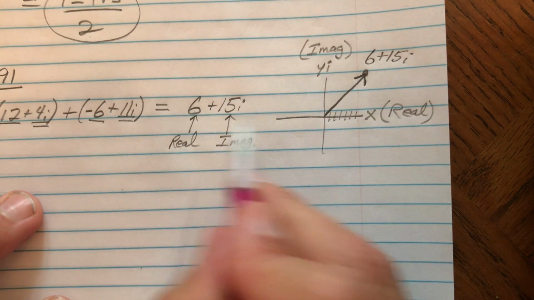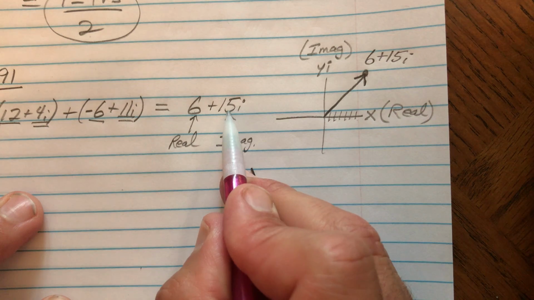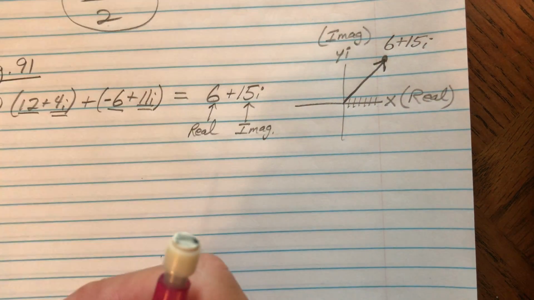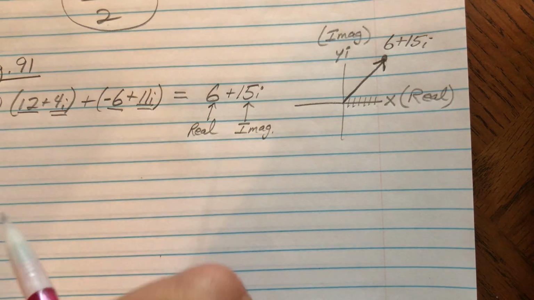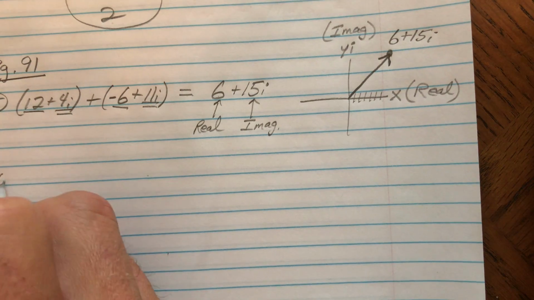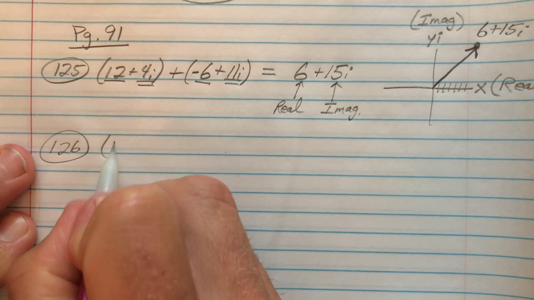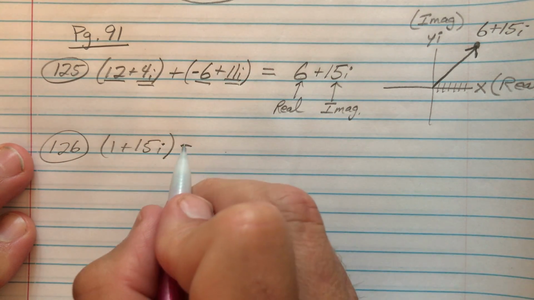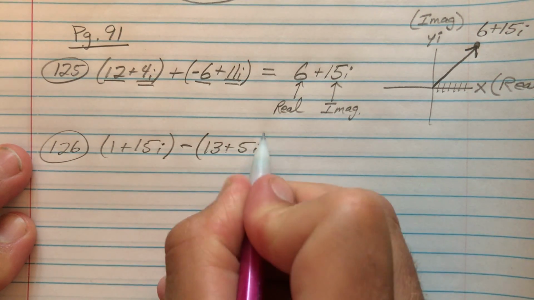Now, if the 6 was negative, we'd go to the left on the x-axis. If the imaginary number was negative, we'd go down on the y-axis. Let's try number 126. What if you have a subtraction problem? 126 says 1 plus 15i minus 13 plus 5i.